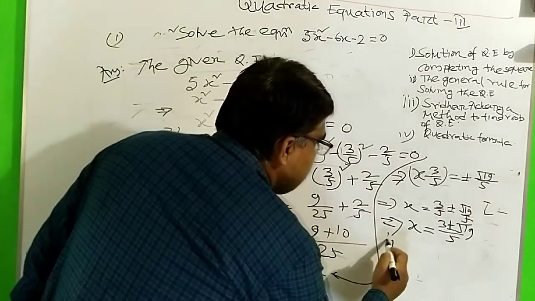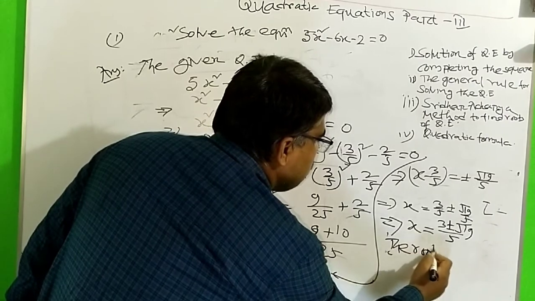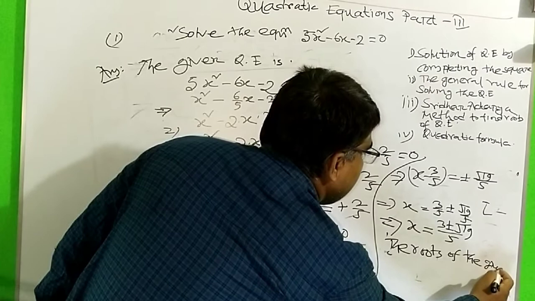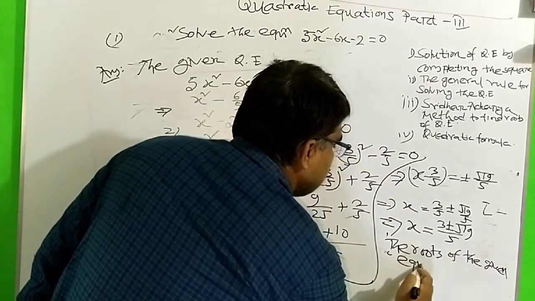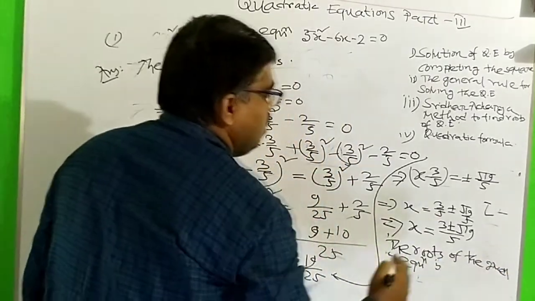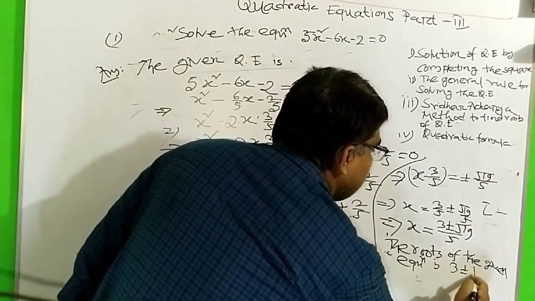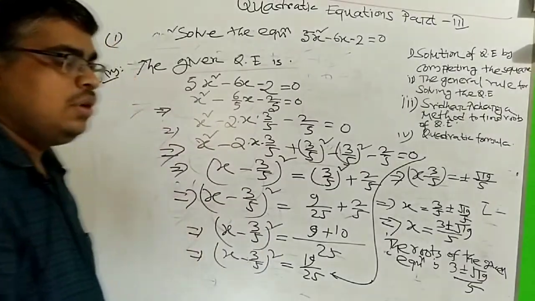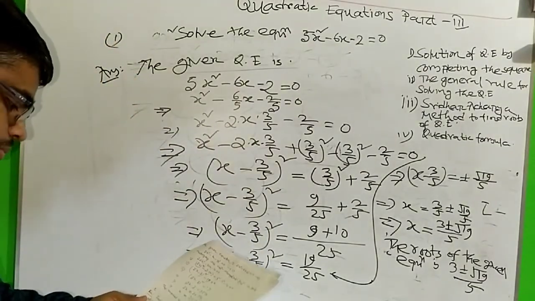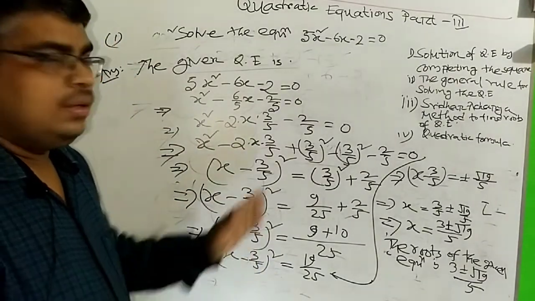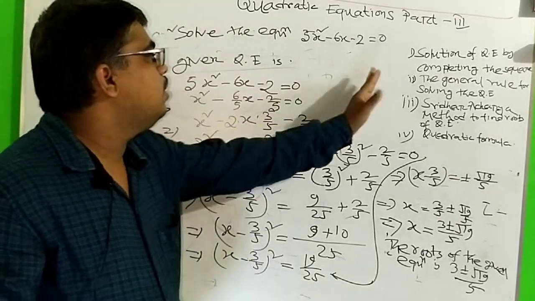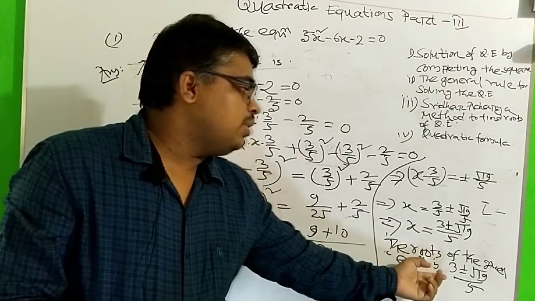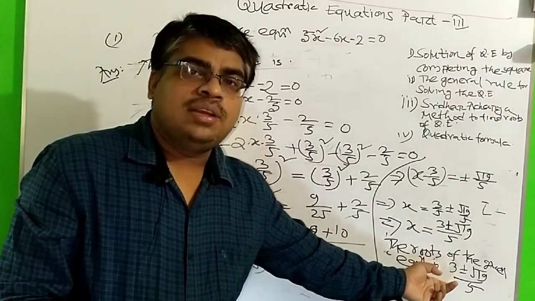Thus the roots of the given equation are 3 plus minus root over 19 by 5. Okay, is it clear? Dear students, so we see that the roots of this equation are irrational numbers.